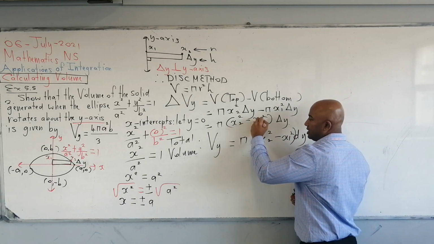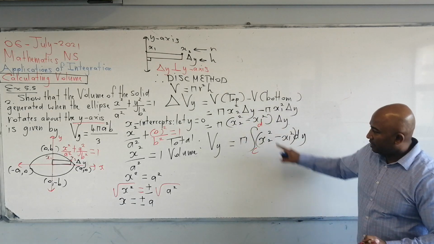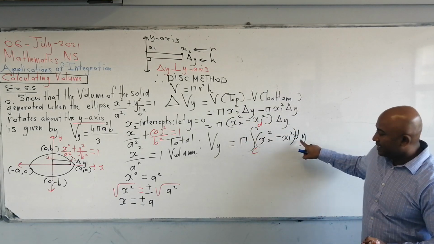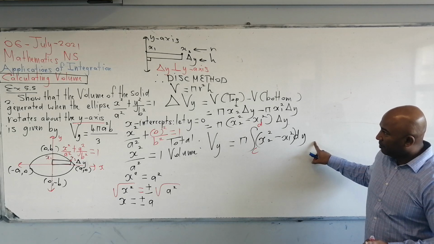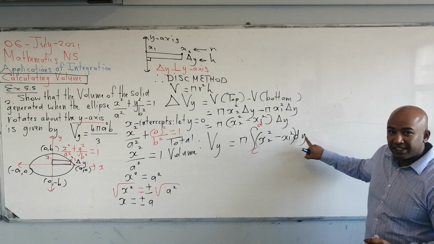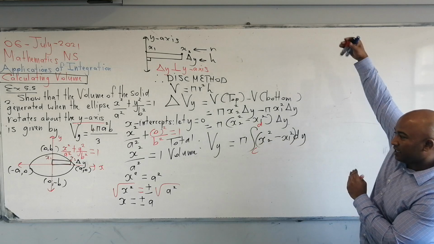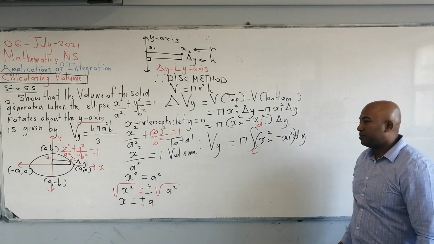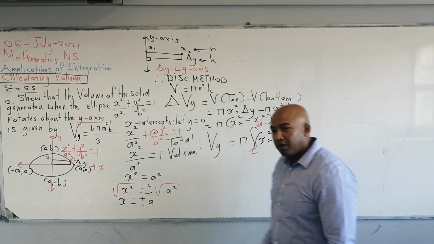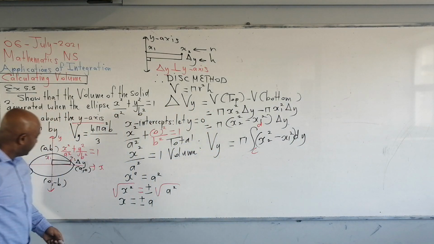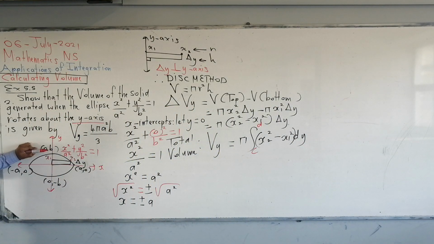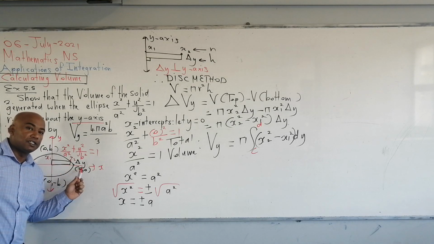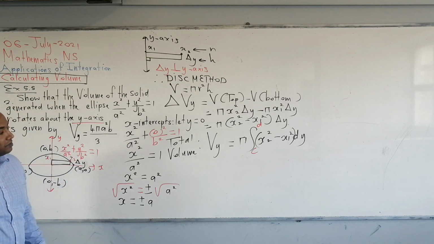This is going to be my d and c, dy. What do you remember? If we are integrating with respect to y, we want the highest point and the lowest point. So go to your diagram. The highest point up is b, and the lowest point here is negative b. You can see that. We are interested in the y values because we are integrating with respect to y.